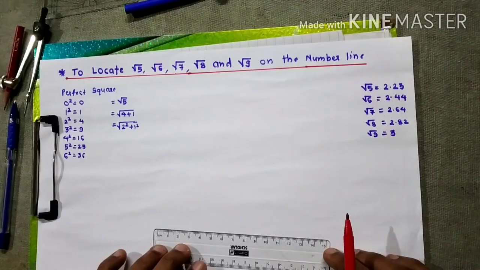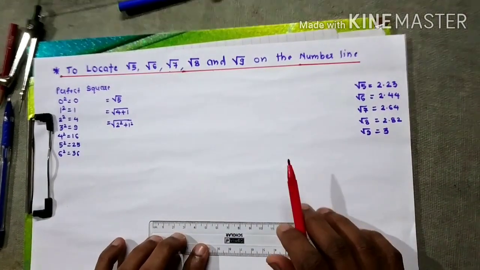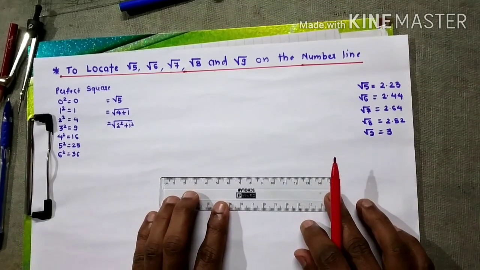Hello everyone. In the last video we learned how to locate root 2 and root 3 on the number line. In this video we shall learn how to locate root 5, root 6, root 7, root 8, root 9. To locate these on the number line, we have to draw one number line here.